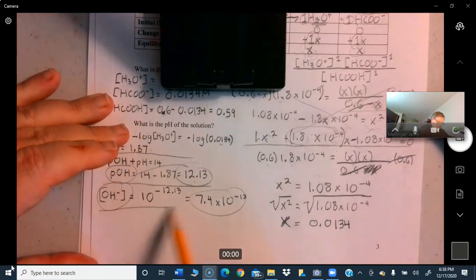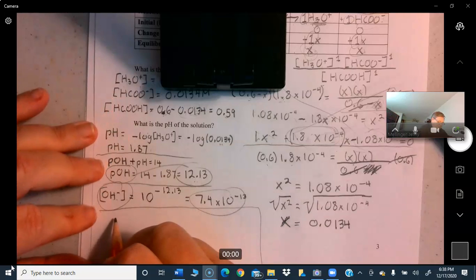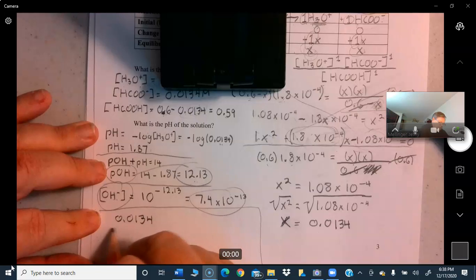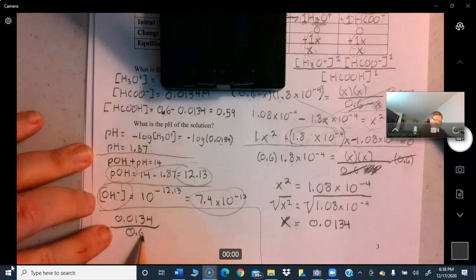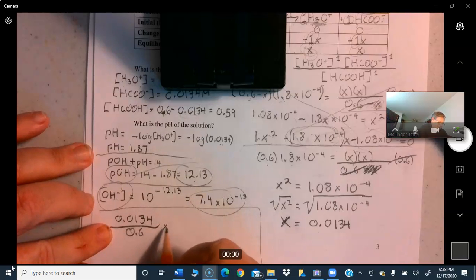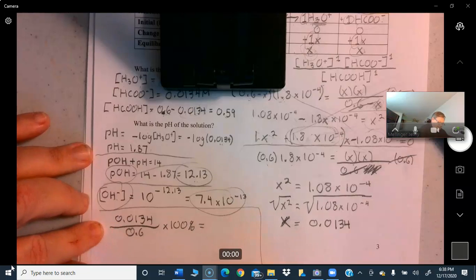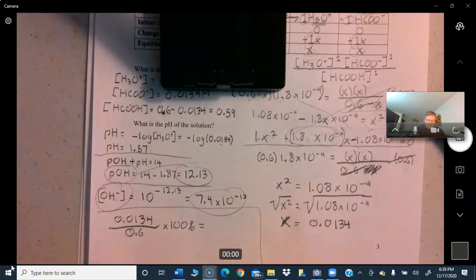So I'm going to just draw another little line here. So it's going to be 0.0134 over 0.6. That's the X value. That's the original concentration. And then you're going to multiply that by 100 and slap a percent sign on the end. So that's going to give you this.